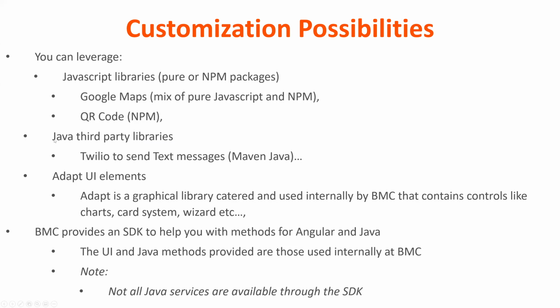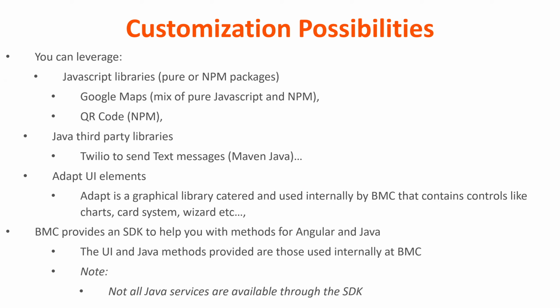Then you have the Java third-party libraries that you can use. I talked about Twilio. And something that is new compared to AngularJS is you can use Adapt UI elements. So what is Adapt? Adapt is a graphical library that has been created by the BMC Adapt team, containing a lot of UI elements. If you are used to developing in Angular, I guess you know about Google Material.